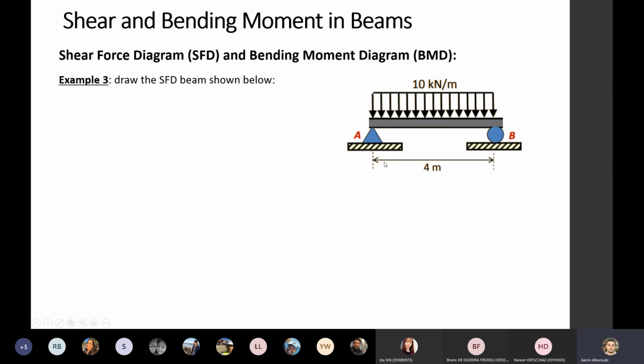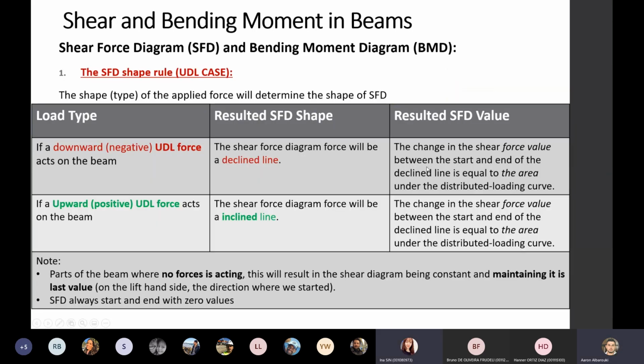Make sense? What do you guys think? All good? Okay. So that's the only difference between the two. UDL downward will make a declined line, UDL upward, an inclined line. The amount of inclination or declination will be equivalent to the magnitude of the overall force.